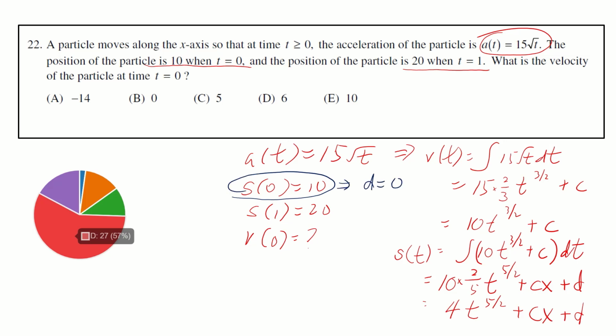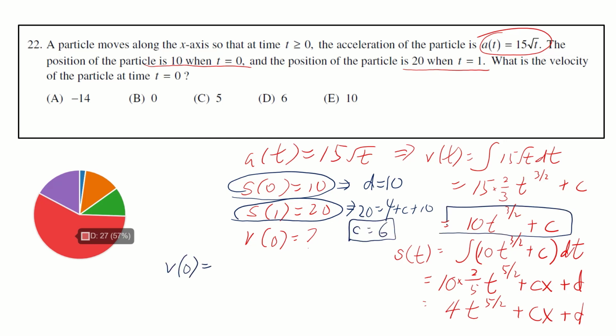It means that d is equal to 10. And S of 1 equals 20. It means that 20 equals 4 plus c plus 10. And therefore c equals 6. V of 0 is equal to c and therefore equals 6. And the answer is D.